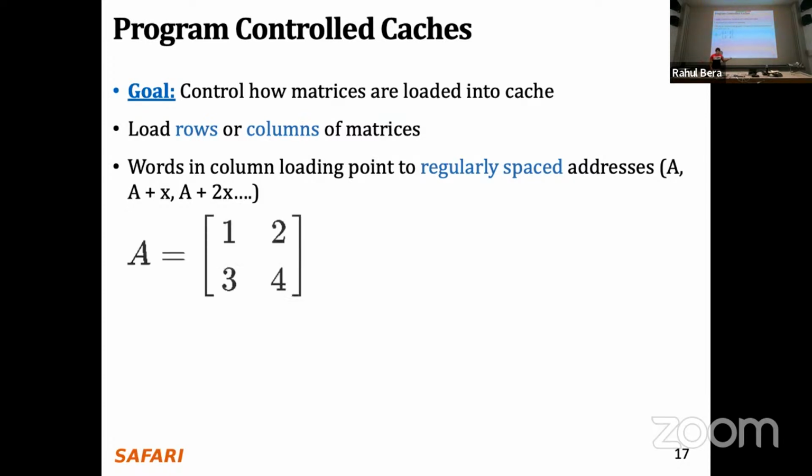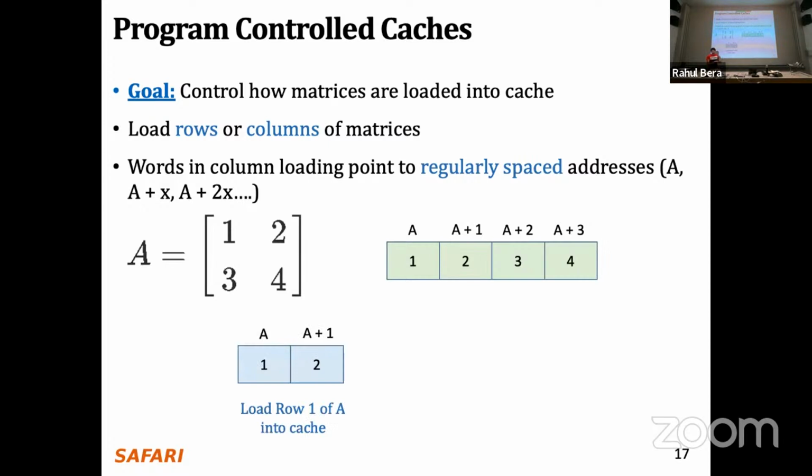For example, take a simple matrix. Let's assume that this is how it's stored in main memory. And if we are loading it into cache in row major order, then we simply store A and A plus 1. However, if we want to load it in column order, then we store it as A and A plus 2.